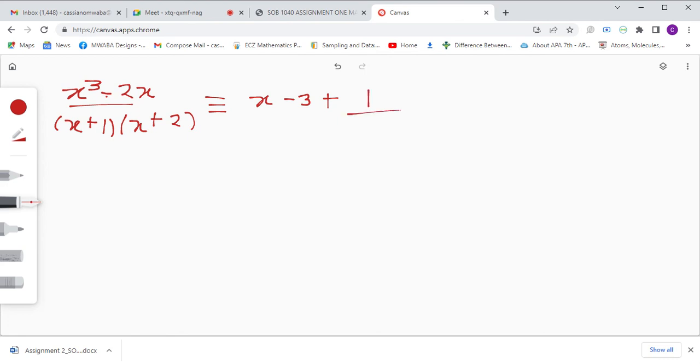Our a value was 1. 1 over x plus 1 plus 4. Our b was 4. 4 over x plus 2. And that is your answer.